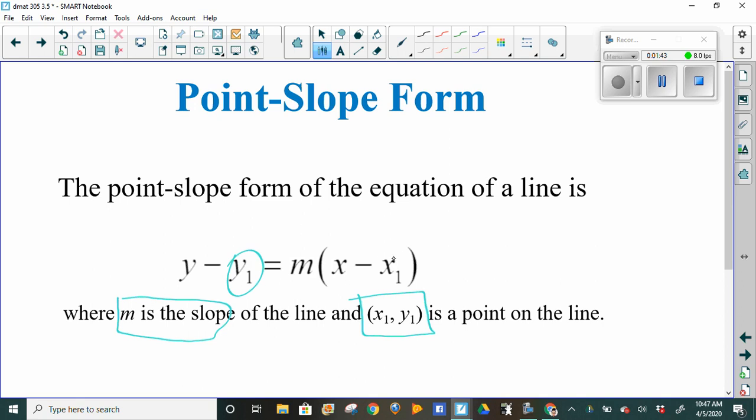So that's where that point goes. Here's your y, and here's your x for y equals mx plus b. So we're going to convert this into slope-intercept.